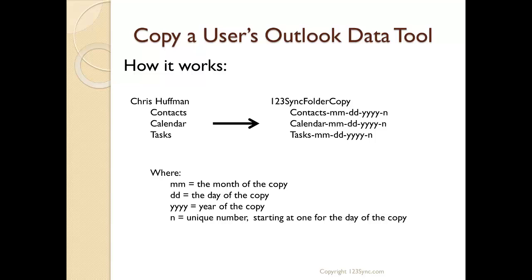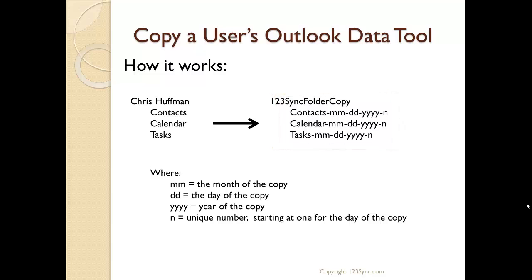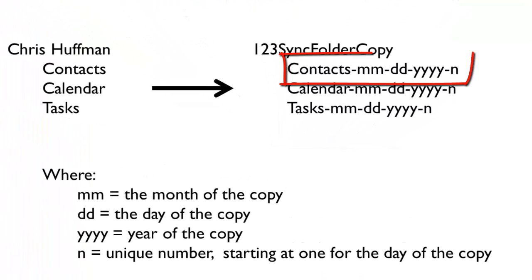So how does it work? It takes the contacts, calendar, and tasks, which are the enabled ones, from a user like Chris Huffman and puts them into a folder called 123 Sync folder copy. But next to each name of the folder, it has the month, the date, and the year attached to the folder name, and then a number n.